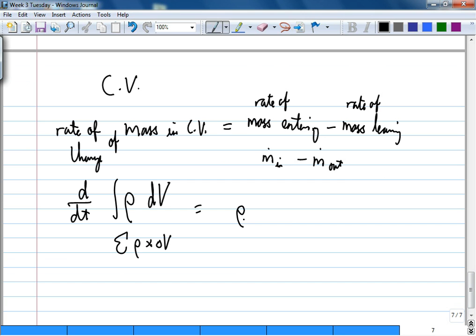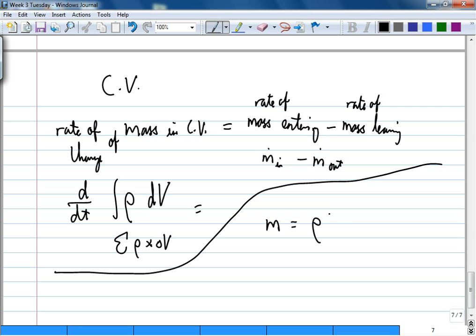Here this one I need to detract a little bit. m dot is equal to mass, and mass is equal to rho times volume.